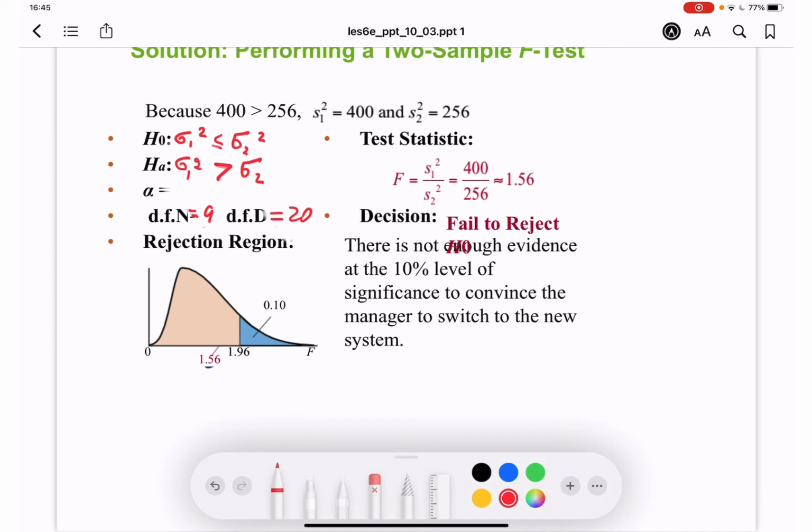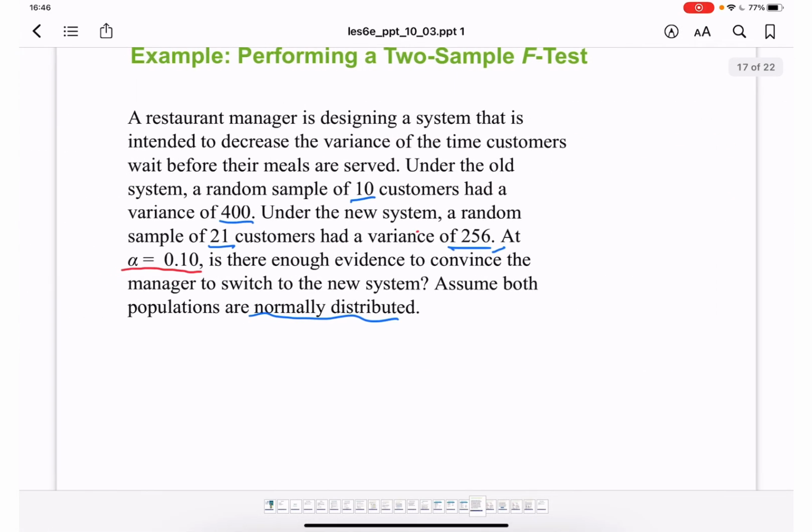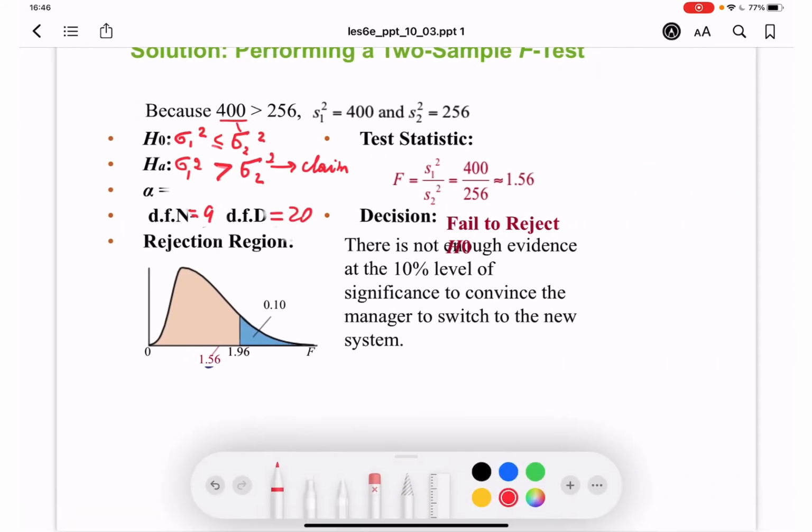Because we claim that the older system, represented by sigma 1 squared, has a longer wait than the new system, represented by sigma 2 squared. So our claim is sigma 1 squared greater than sigma 2 squared, and accordingly the null will be less than or equal.